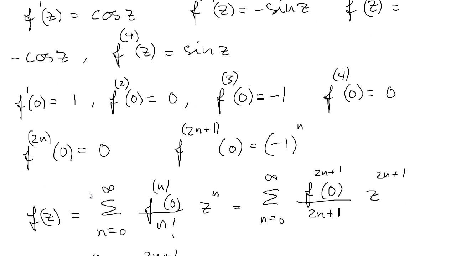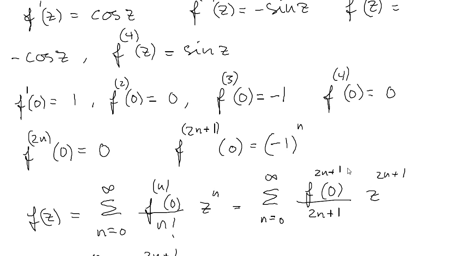This means that we can do as follows. We know that the general formula for the Taylor series is like this, and we can avoid all even numbers here. The even derivatives of the function f at point 0 are equal to 0.